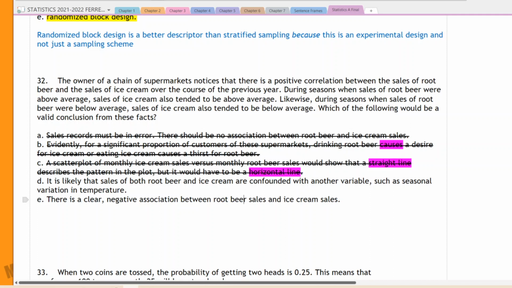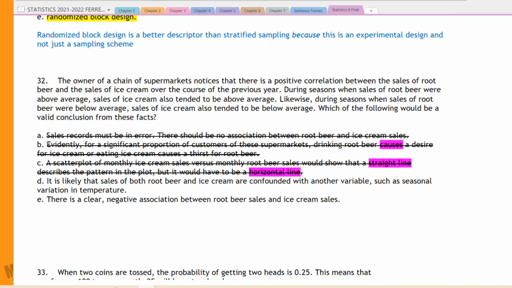So letter D says it's likely that the sales of both root beer and ice cream are confounded by another variable, such as seasonal variation in temperature. When you approach it this way, we're saying that if the temperature gets warmer, for example, what happens to root beer sales? Well, they're probably going to increase.